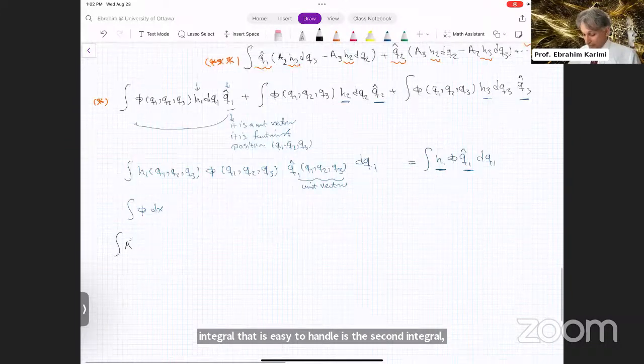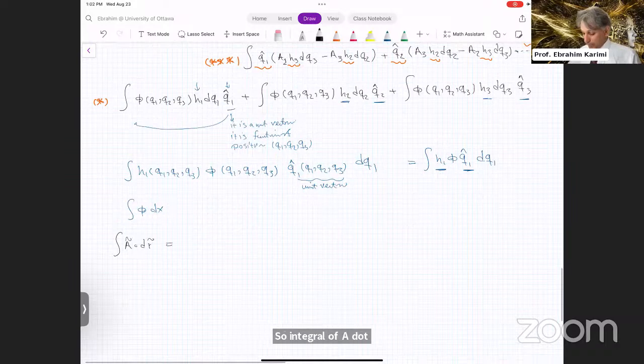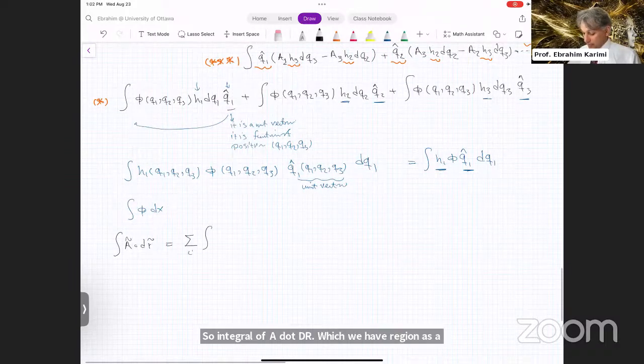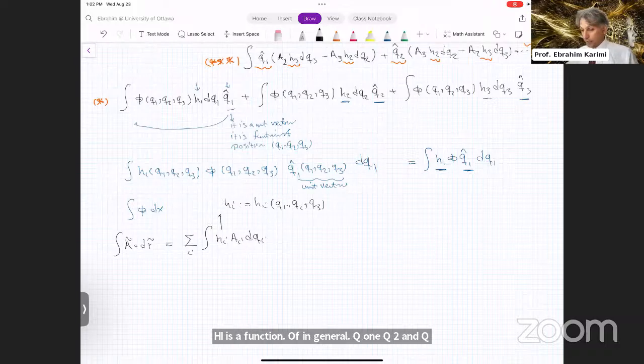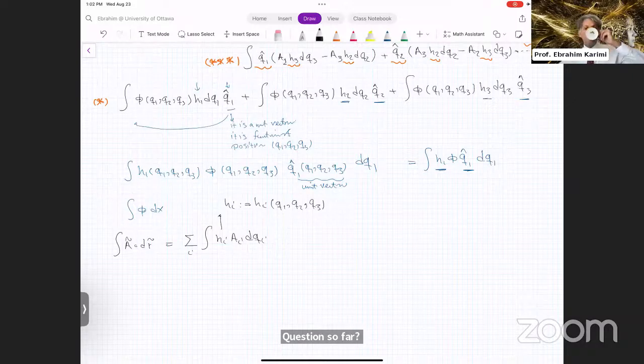So the integral of A dot dr, which we have written as a summation over i of the integral of hi ai dqi. And here also hi is a function of, in general, q1, q2, and q3. So that is something that I have to be careful about. Questions so far? No question?